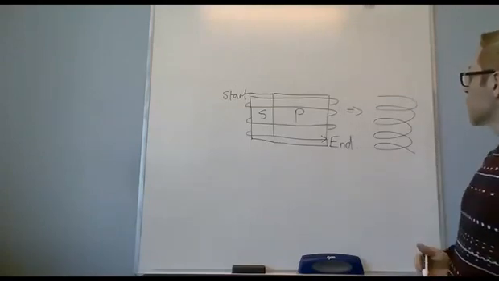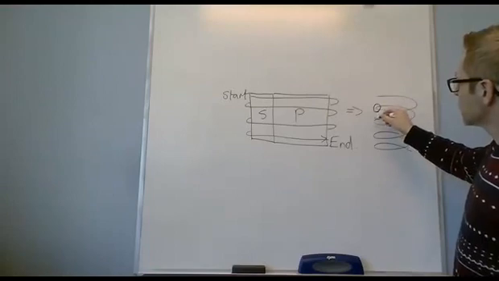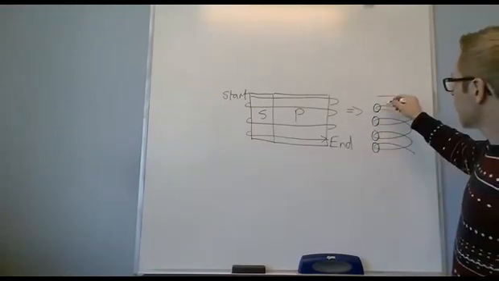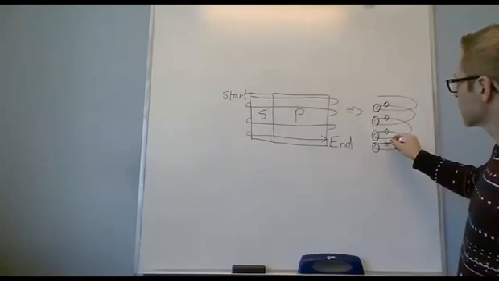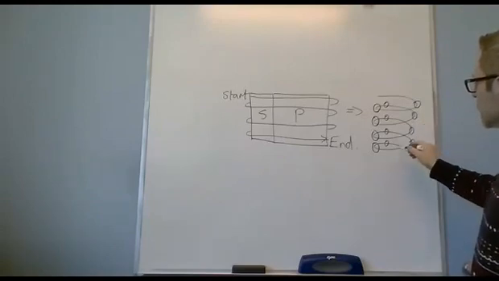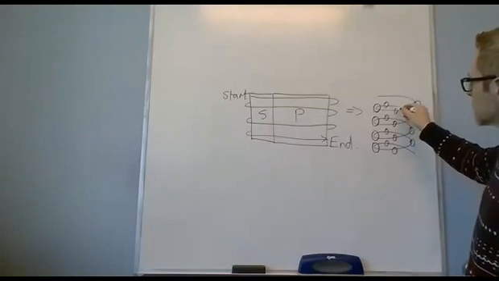So we would say that's a periodic property with this, with this, with this. That's a periodic property with this, with this, with this.